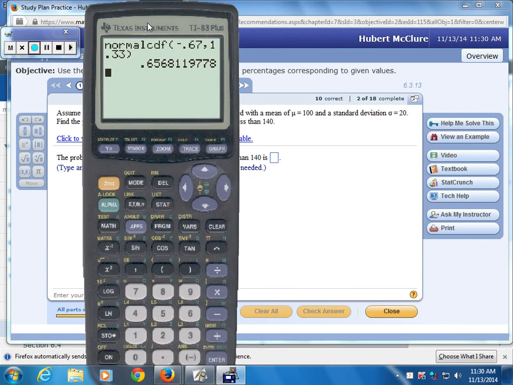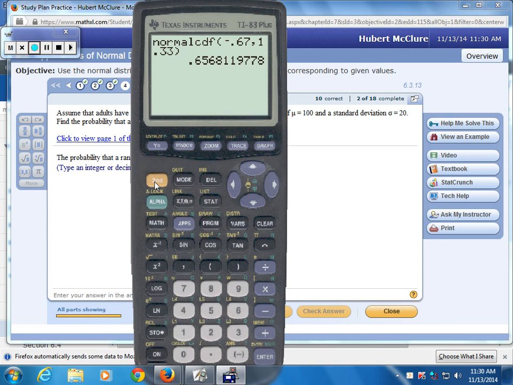So handy dandy calculator. So let's check it. Because sometimes y'all lead me astray. 999 to 2.00. And the only reason I put that is so I don't have to delete. 0.9772.